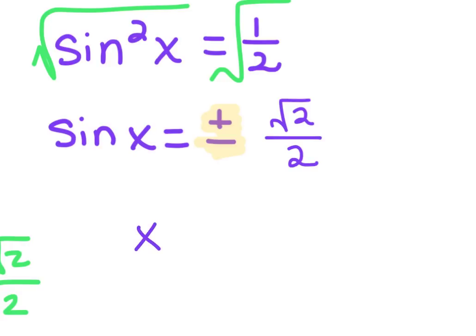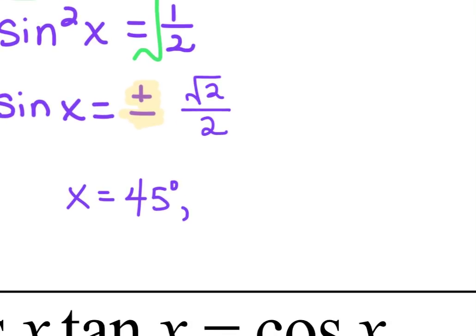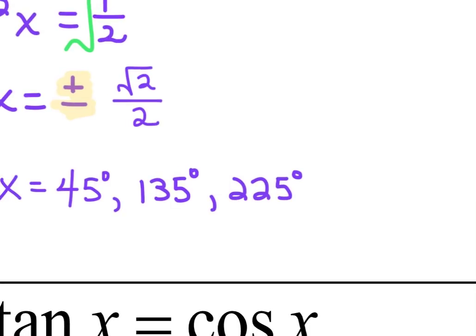So in the first quadrant, sine of 45 is radical 2 over 2. But now you need that 45 degrees and where it's the reference angle in the second and the third and the fourth quadrants. So you're going to have 135, 225, and 315.